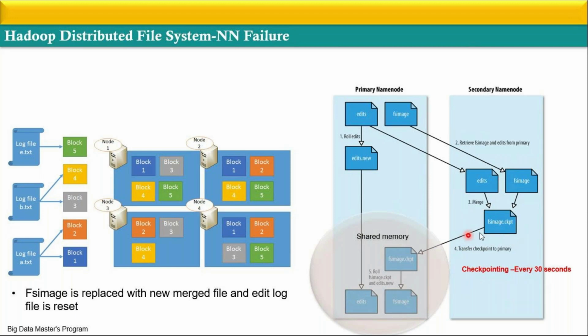This fs image ckpt file is moved inside the shared memory and replaces the older fs image. In this way checkpointing happens, and with its help we will be able to have high availability. So checkpointing is a way to increase the availability inside the Hadoop ecosystem. That is the first technique.